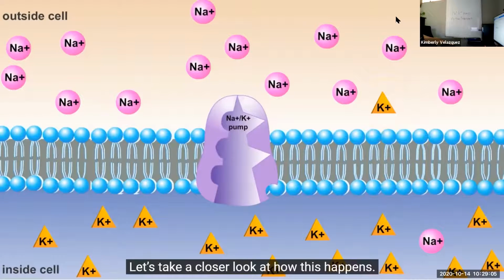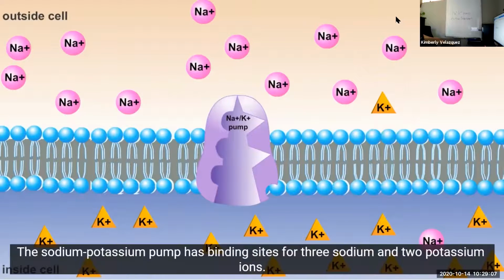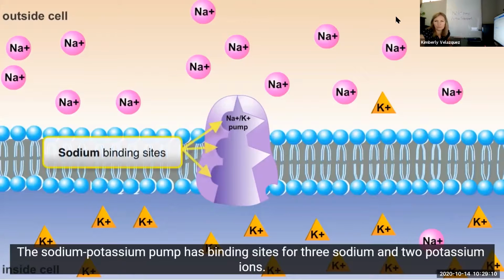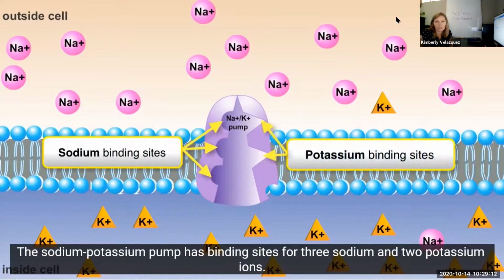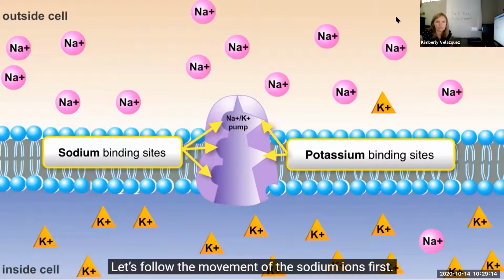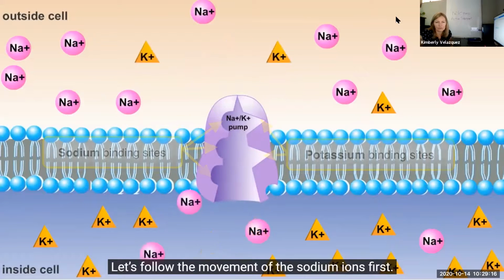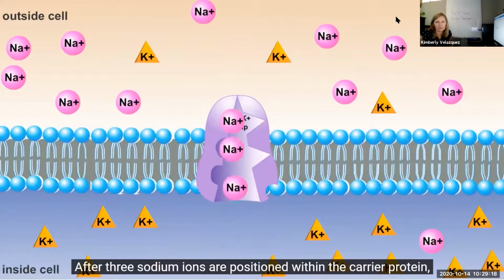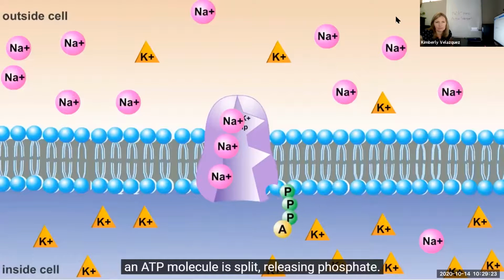Let's take a closer look at how this happens. The sodium-potassium pump has binding sites with 3 sodium and 2 potassium ions. Let's follow the movement of the sodium ions first. After 3 sodium ions are positioned within the carrier protein, an ATP molecule is split, releasing phosphate.